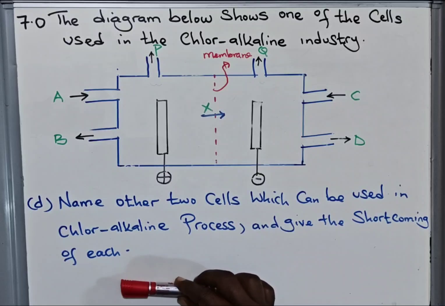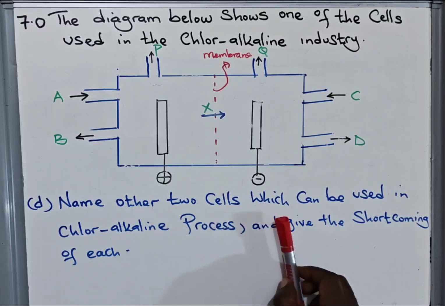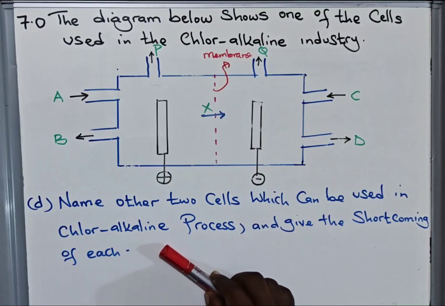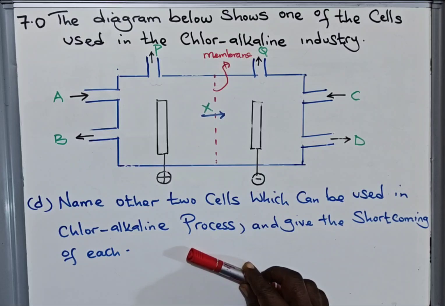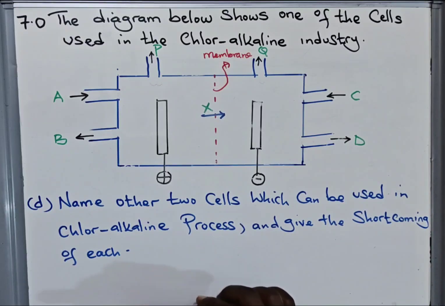Then we come to this question. It says, name other two cells which can be used in chlor-alkaline process and give the shortcoming of each. We have seen this cell. We said it's membrane cell.